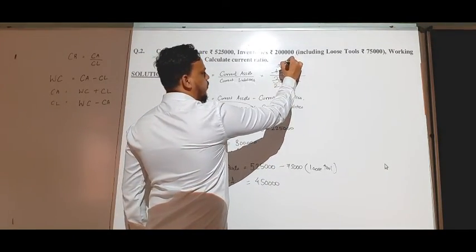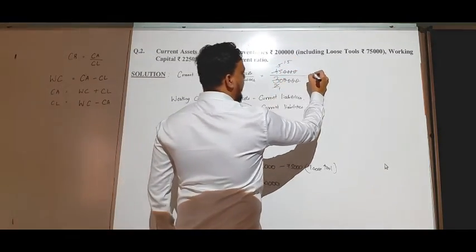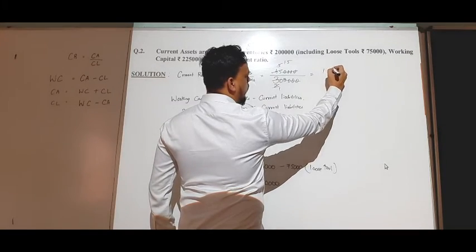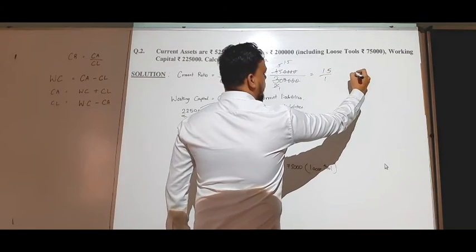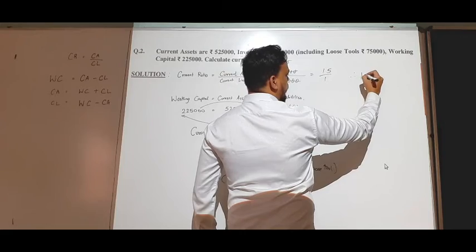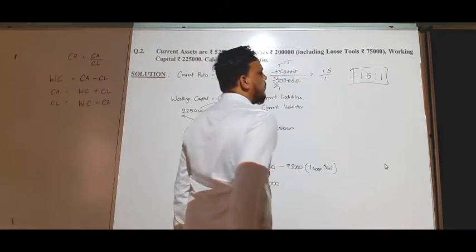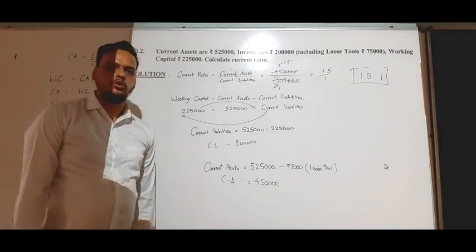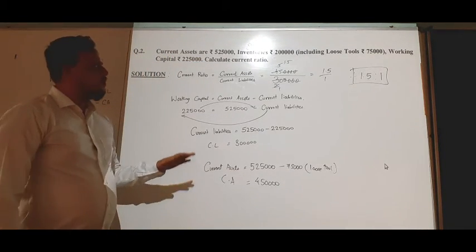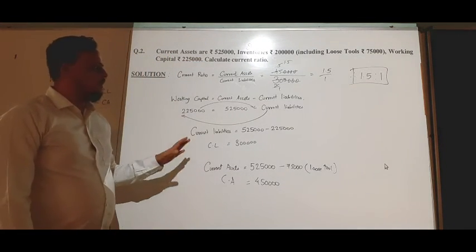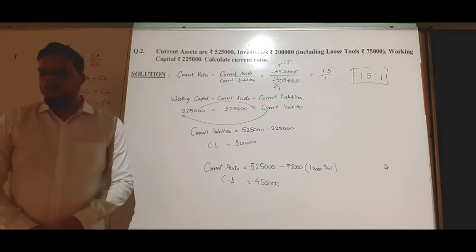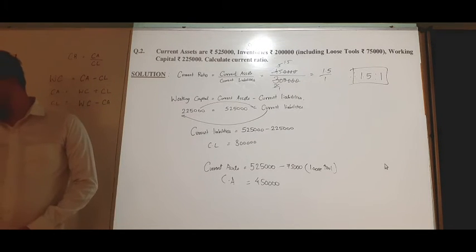It will be 1.5 and 1. Therefore, the answer will be 1.5 upon 1. And in pure ratio form, I can get 1.5 to 1. This is a pure form ratio. So, just have a look at this.